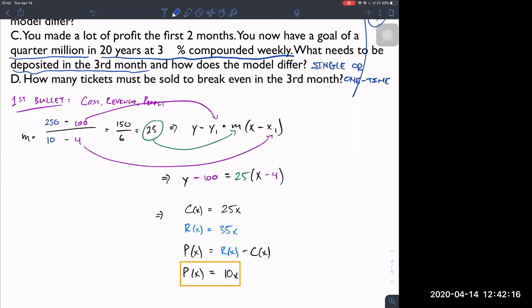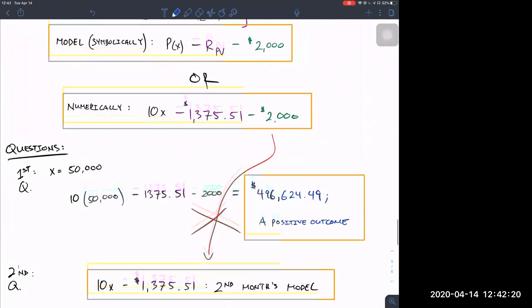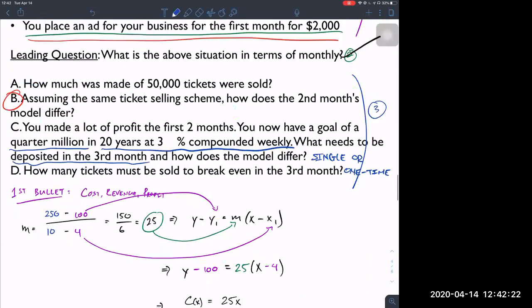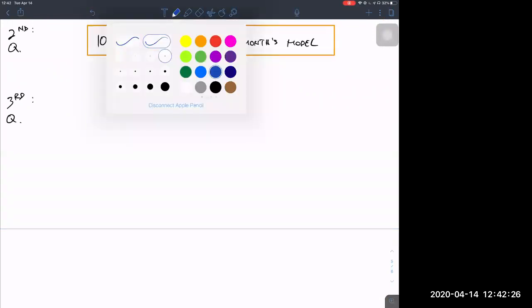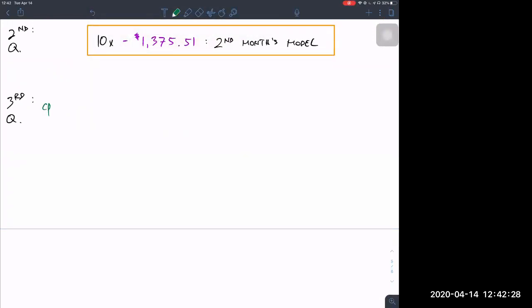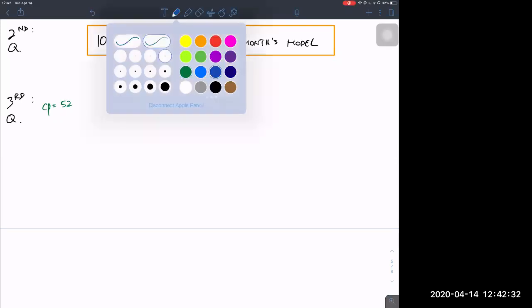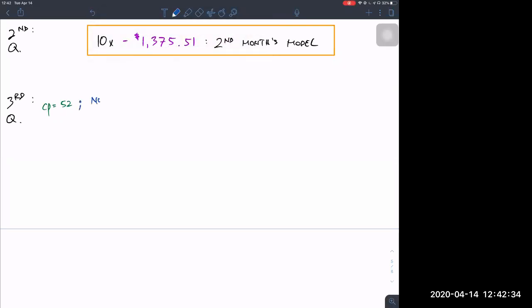So this is not an annuity. Part C here is not an annuity. We notice that there's a compound period of 52.